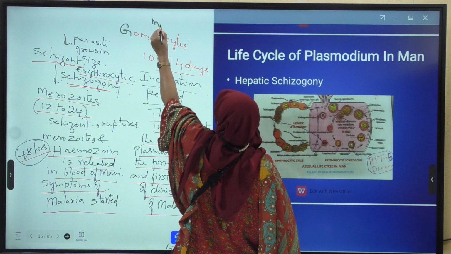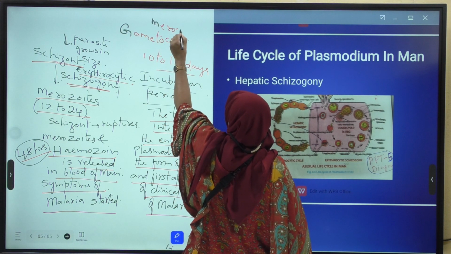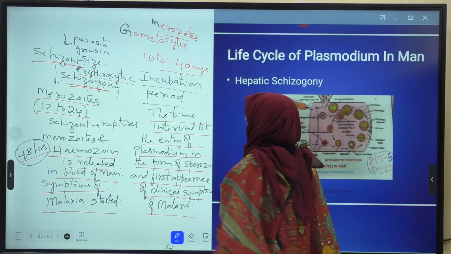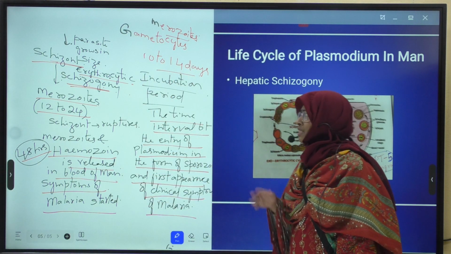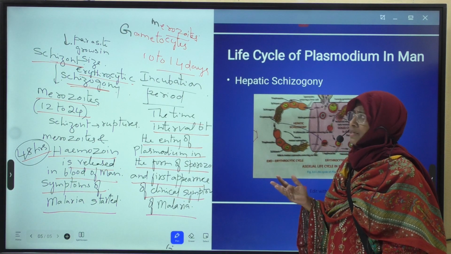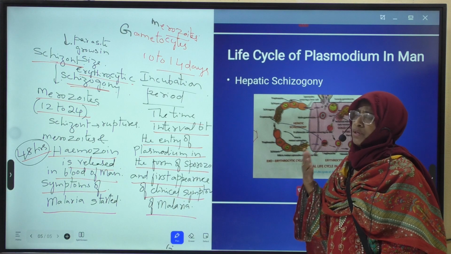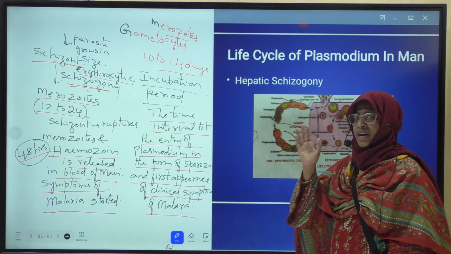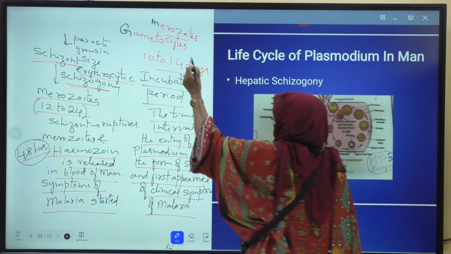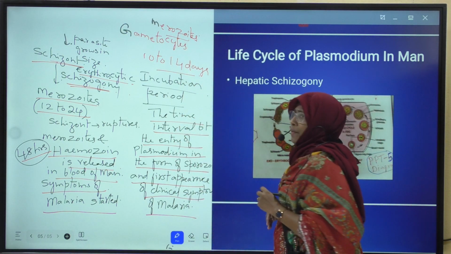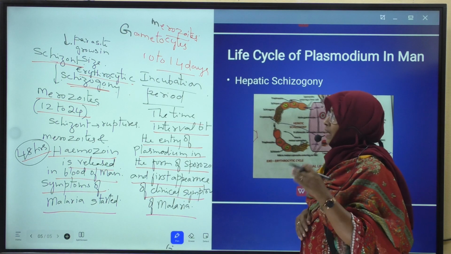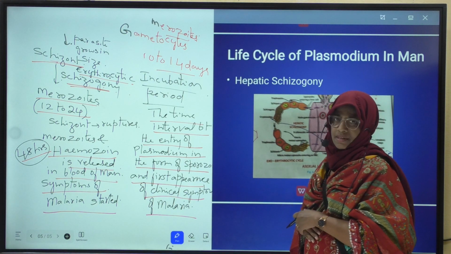After undergoing repeated erythrocytic schizogonies, these merozoites attack new RBC and continue erythrocytic cycles. After repeated cycles, they are transformed into sexually differentiated bodies. They are called gametocytes.